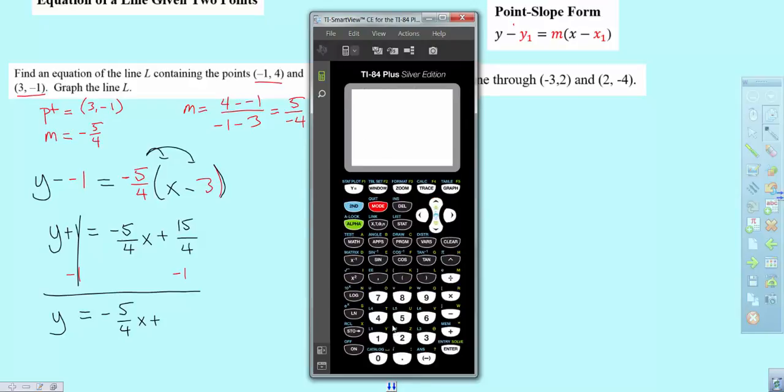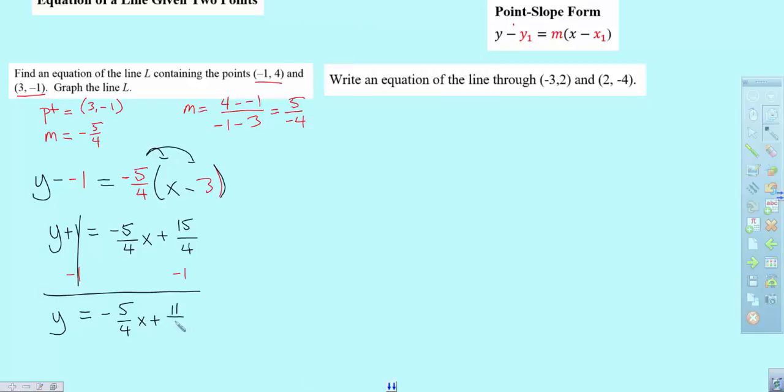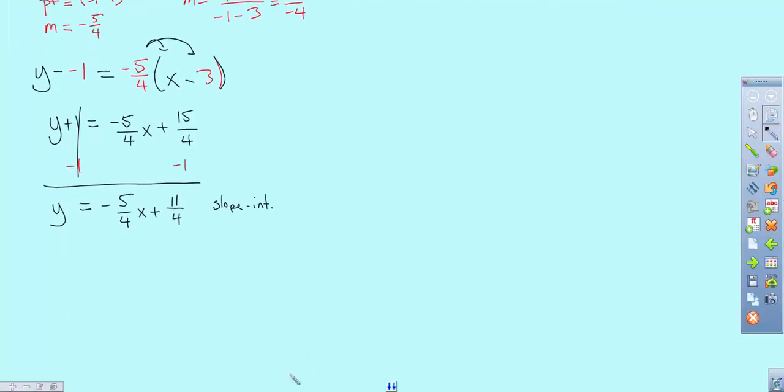Alright, and we're doing 15 over 4, take away 1, and we get 11 over 4. So that guy right there, that is, remember, my slope-intercept form.